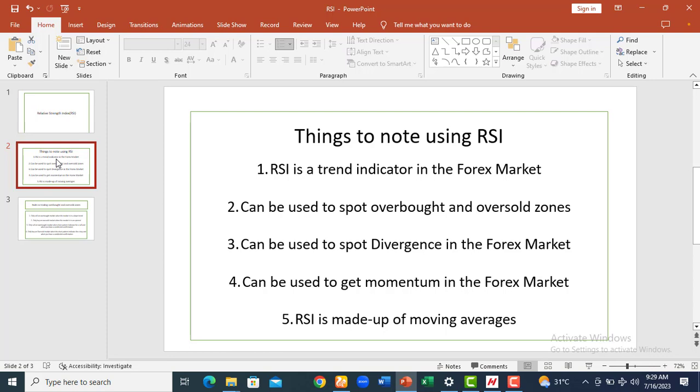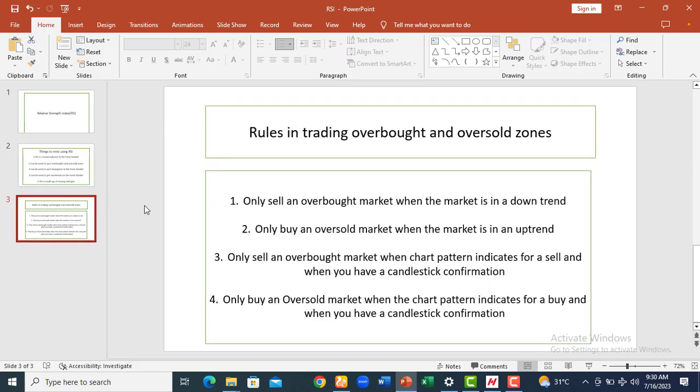We also established that it can be used to spot overbought and oversold zones, to spot divergence, which I explained how to get, and to get momentum. RSI is made up of moving average, just the way we saw on our chart, by default period 14.